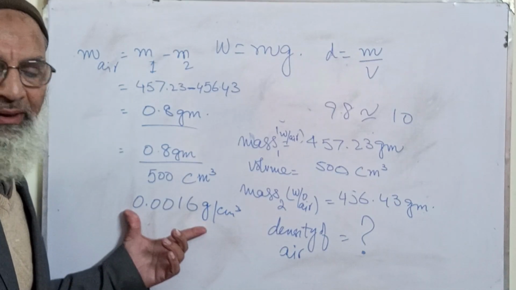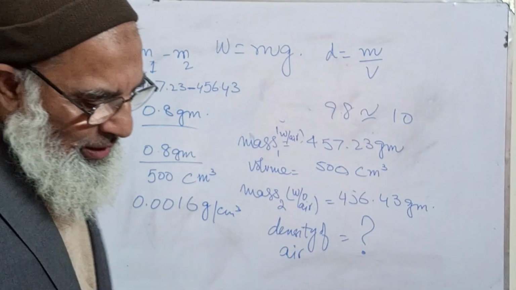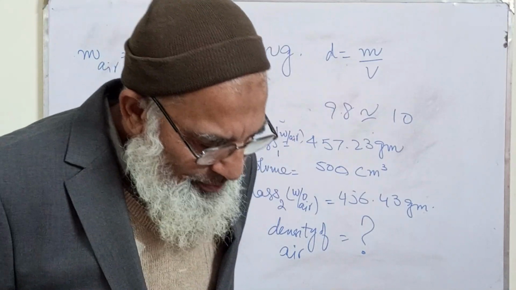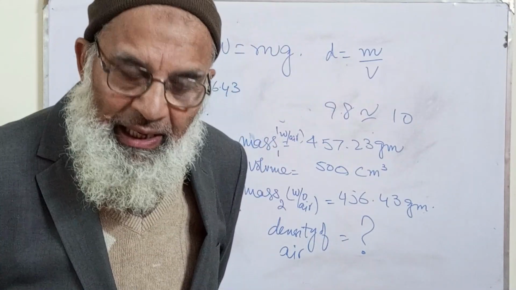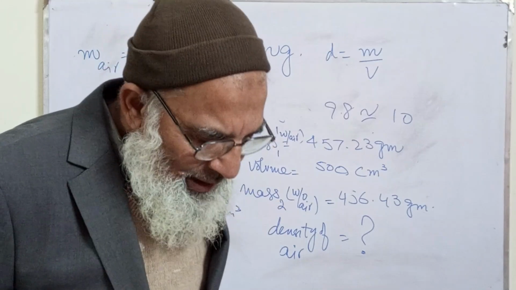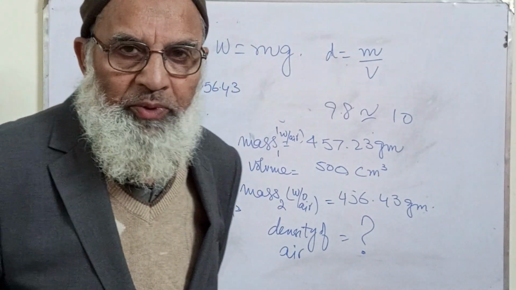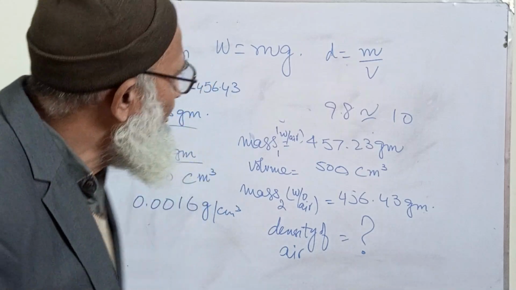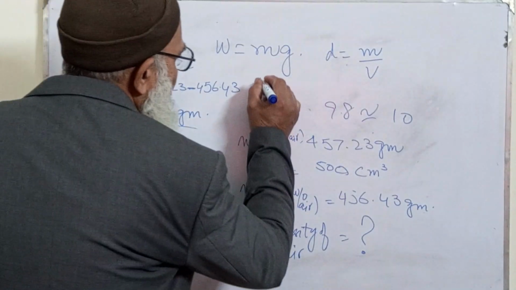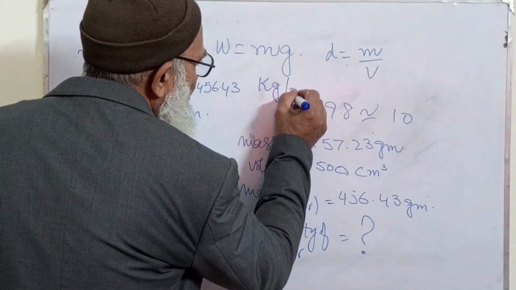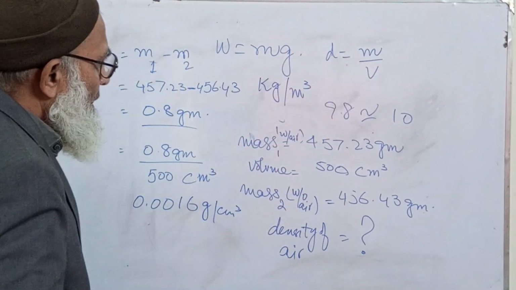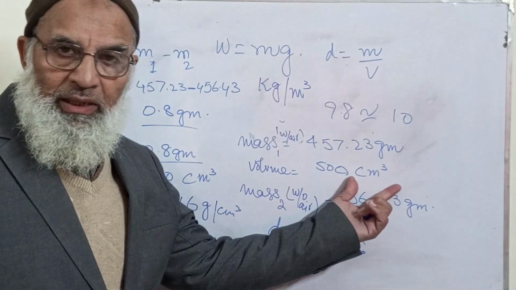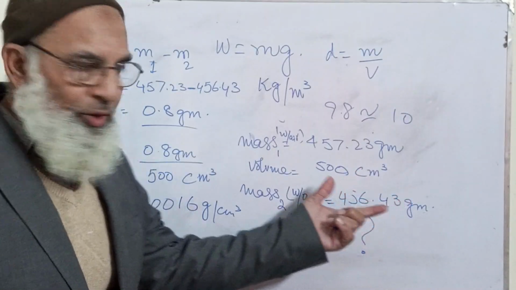Now this is not asked, because there are four options given: A, B, C and D. My dear students, all options are in kg per meter cube. Now what we have here is in grams and centimeter cubes.